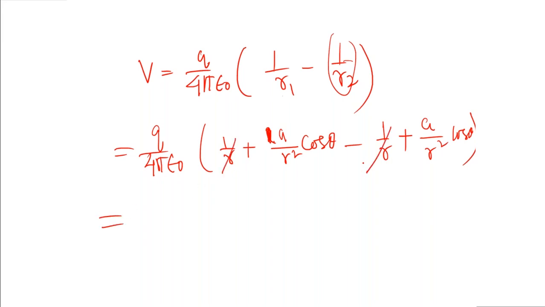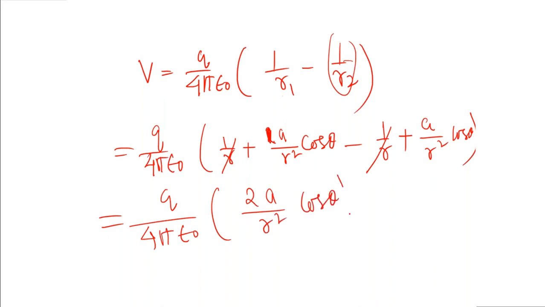If I multiply 2aq, that will be the magnitude of p, because p is 2a into q. So if I put it here, you get p cos theta in the numerator, and in the denominator you get 4 pi epsilon naught r square.